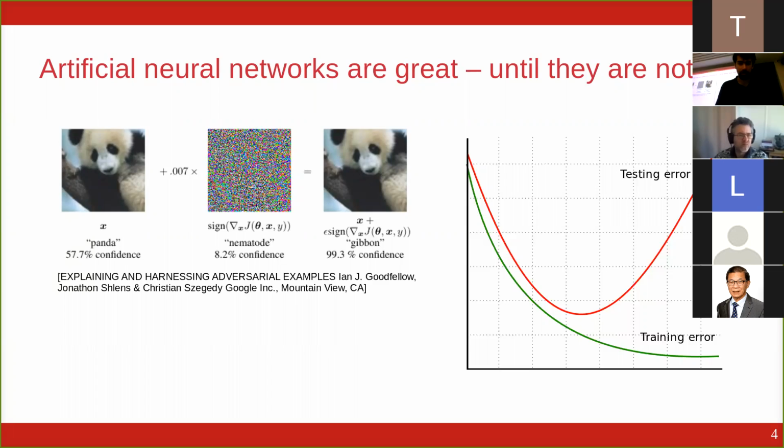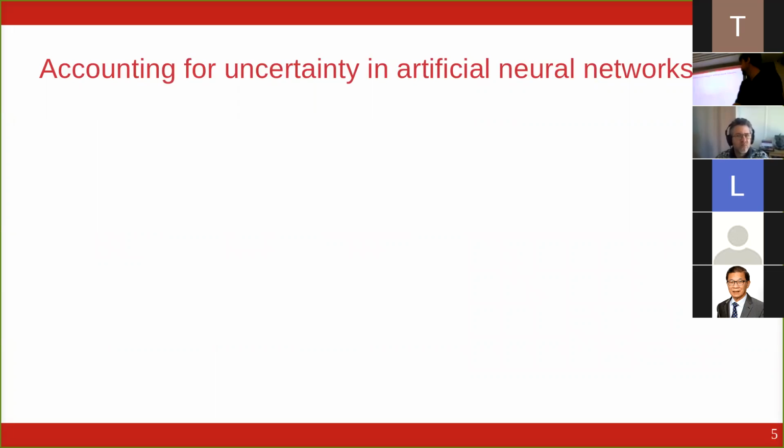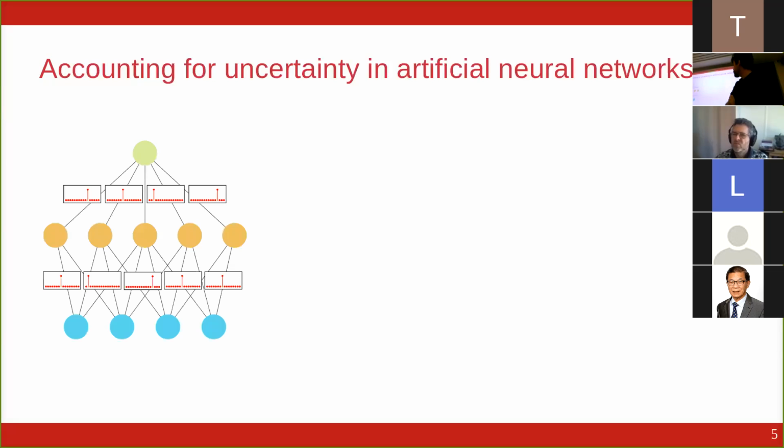And last but not least, one of the major problems with standard artificial neural networks is they are not so good at accounting for uncertainty, which is related to the other problems I presented. And why is that? That's because when you train an artificial neural network, you usually get only one point estimate, one possible parameterization. That might be the optimal parameterization to fit the data set.